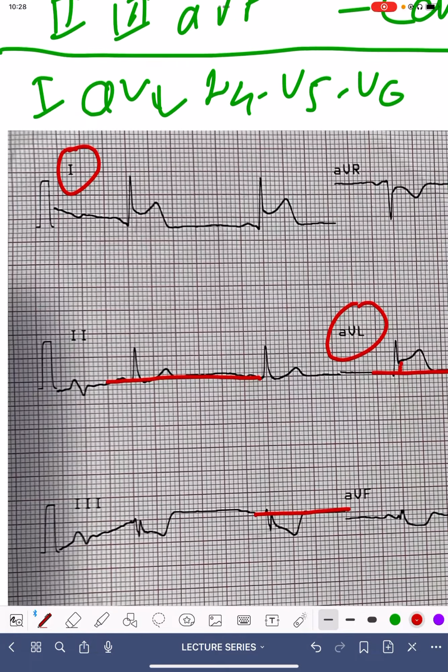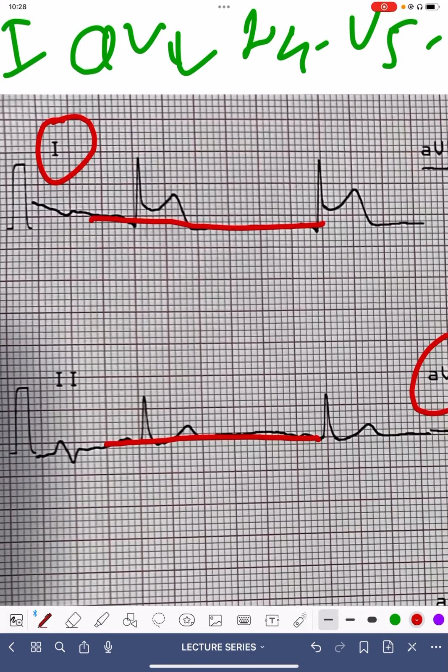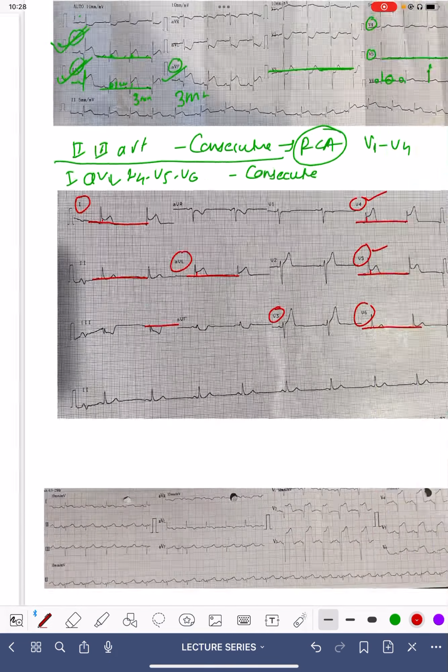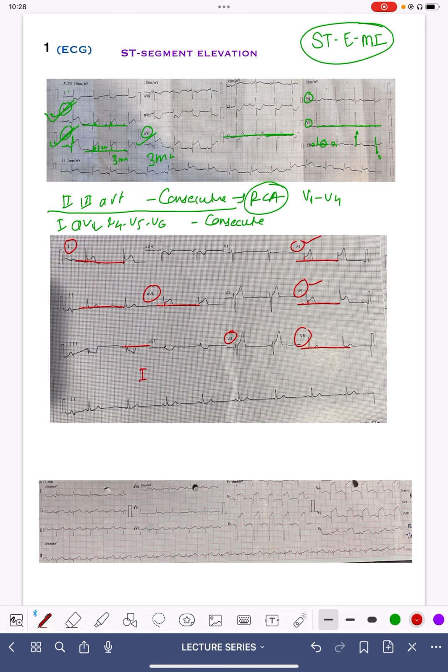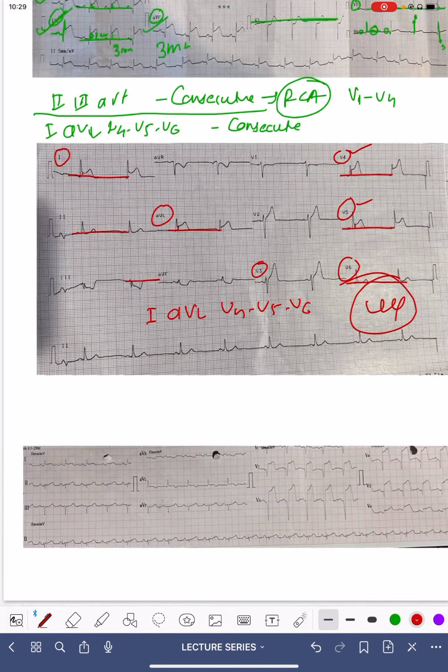And in lead 1 there is significant ST elevation of around 1 to 2. So there is ST elevation in lead 1, aVL, V4, V5, and it is pretty minimal in V6, which suggests that there is involvement of the left circumflex artery, lateral circumflex artery.